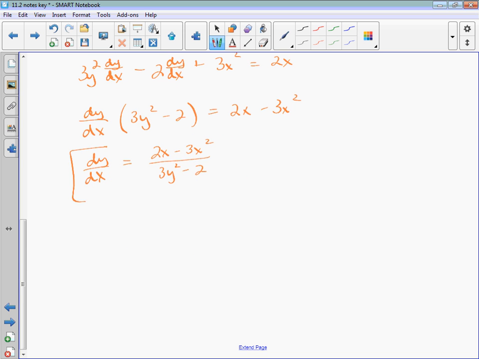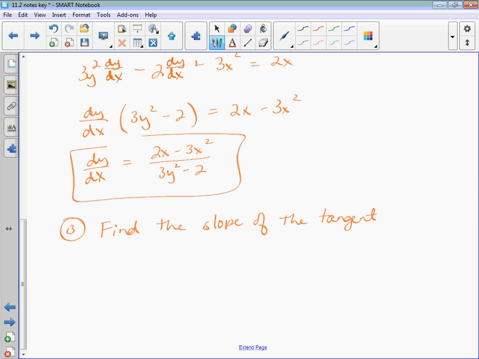All right, let's try again. Find the slope of the tangent line at the point root 2, comma, -1 over root 2.